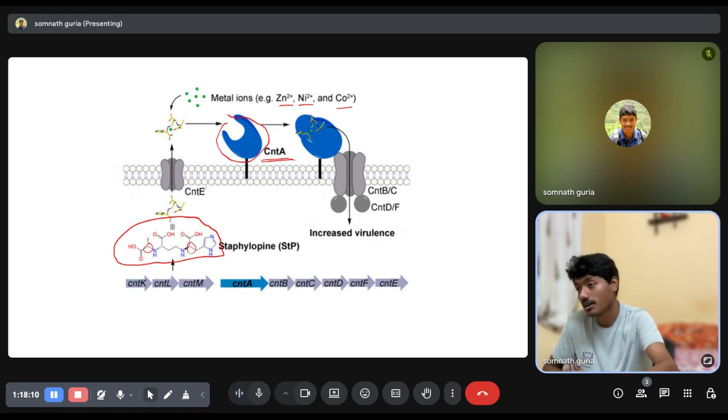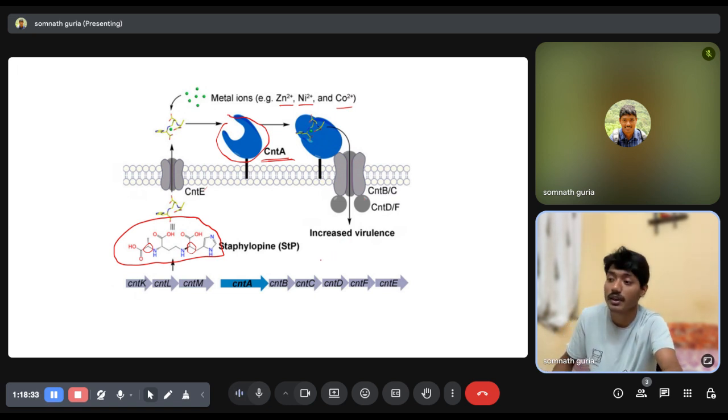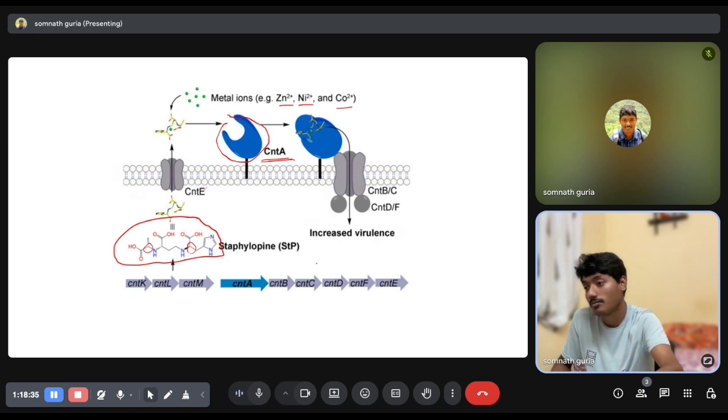But it cannot, because they are not mutated to take this defined isomer. The bacterial cells which have mutated can recognize it, and then it goes through that particular channel and makes the metal ions free inside the cell.